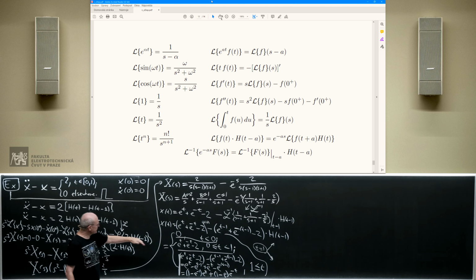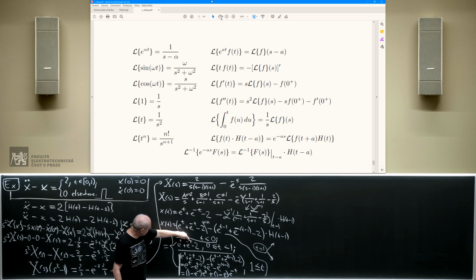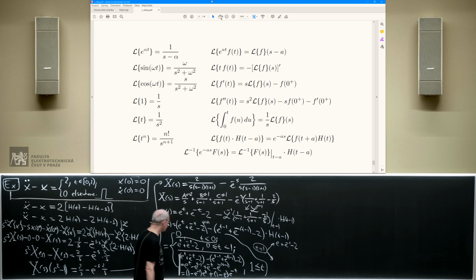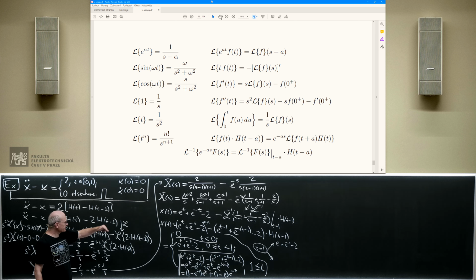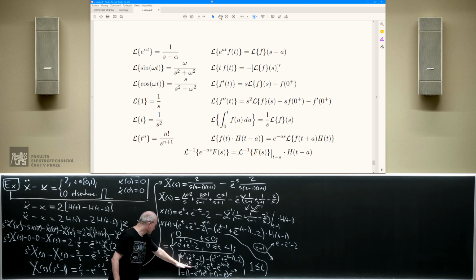So what's happening with the middle formula when we reach the time 1? 1 here, 1 here. We are getting e plus e to negative 1 minus 2. That's the value. What's happening with the second formula when time hits 1? So when it starts, I think the middle formula will be the best.